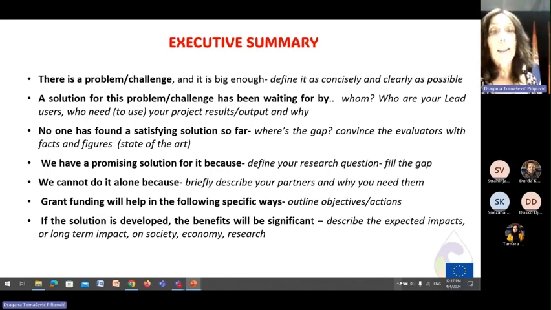So you need the grant for the action. You have to describe a little bit the action, and then what the impact would be, what the benefit for the lead user and the society as a whole.